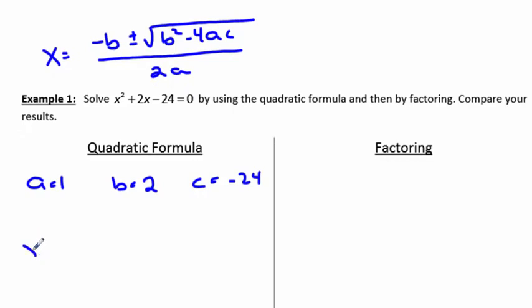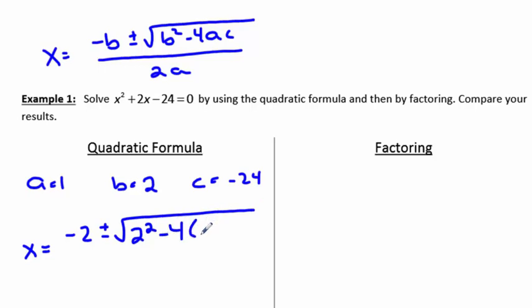Okay, so into the formula, x equals negative b, so b is 2, so that's going to be negative 2, plus or minus the square root of b squared, so 2 squared, minus 4 times a, which is 1, times c, which is negative 24, all divided by 2 times a, which is 1.